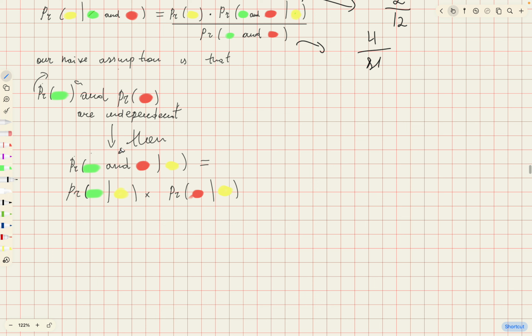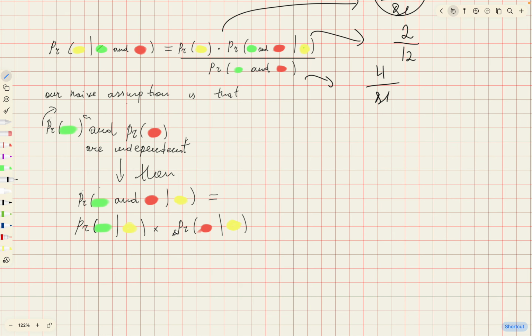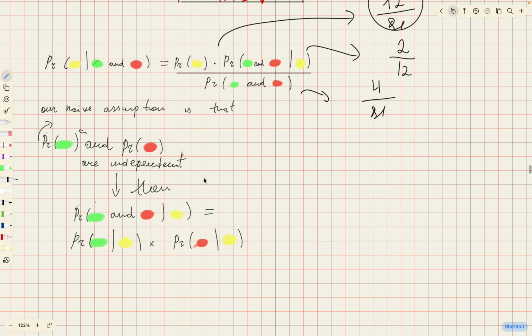The probability of green and red, given yellow, is the probability of observing green given yellow, multiplied by the probability of observing red given yellow. If we assume independence, then the formula turns into this, which makes things way easier.